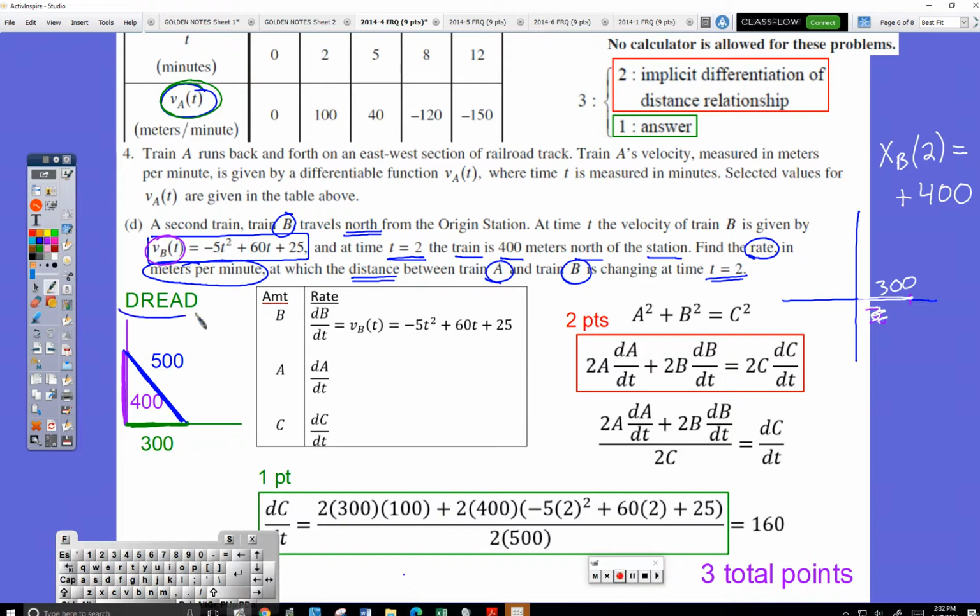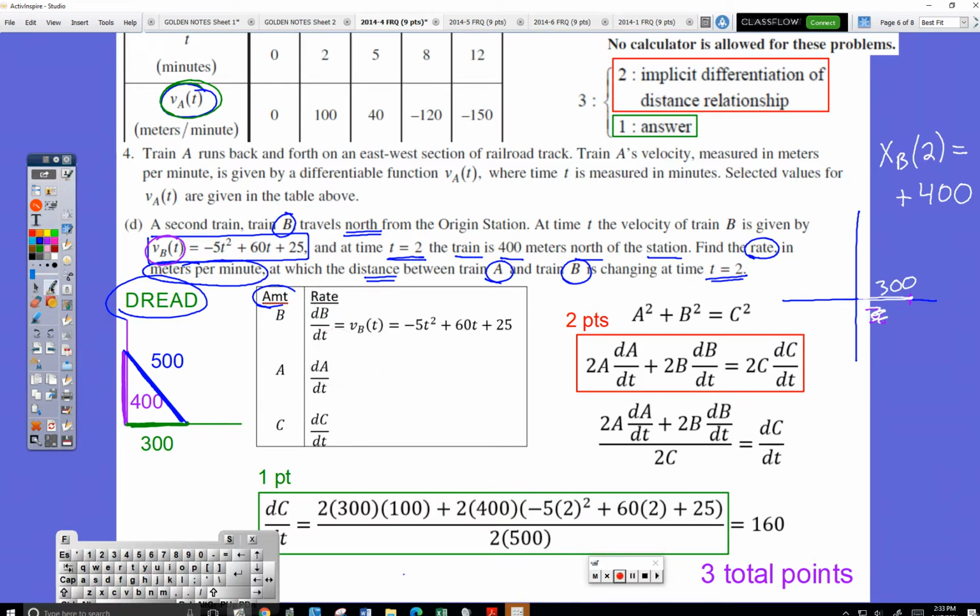So the dread process says we do a Danicus chart. We write down all the rates that the problem talks about. Again, you've got to remember that velocity is the rate at which some position or distance changes. I used the wrong color there, I should have used purple.